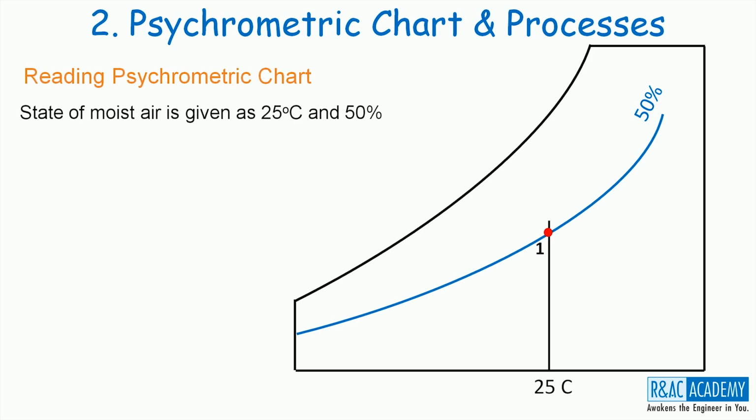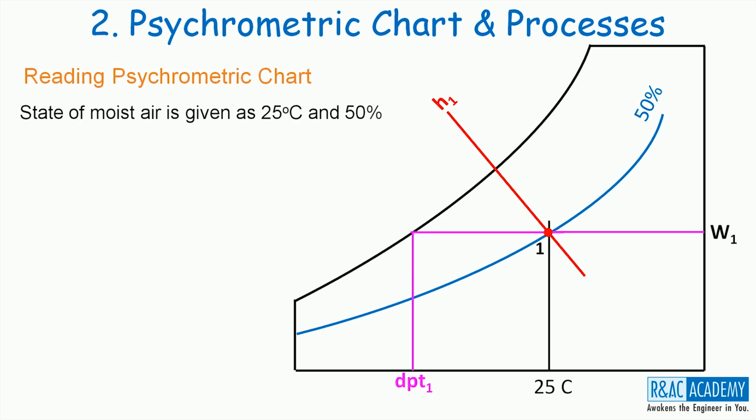From state point 1, if we go horizontally towards the right, it gets us the specific humidity. And if we go horizontally left, and after hitting the saturation curve, we go down, we will get the dew point temperature corresponding to state point 1. The constant enthalpy line that is passing through state point 1 gets us the enthalpy H1.